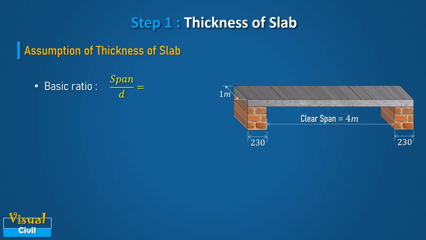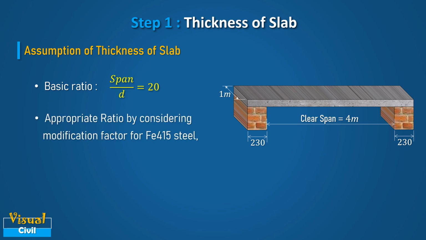Since the percentage of reinforcement in slabs is generally low, in the range of 0.3 to 0.5%, a span to depth ratio of 25 to 30 is more appropriate by considering the modification factor for Fe415 steel.